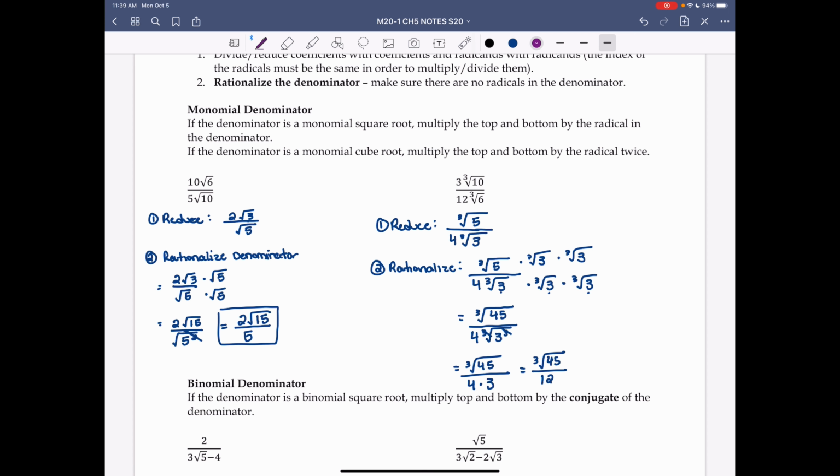So squares, 2 squared is 4, 3 squared is 9, 4 squared 16, 25, 36, 49, 64, 81, 100, 121, 144, etc. And cubes, 2 cubed is 8, 3 cubed is 27, 4 cubed is 64, 5 cubed 125, 6 cubed 216, 7 cubed 343, and 8 cubed 512.